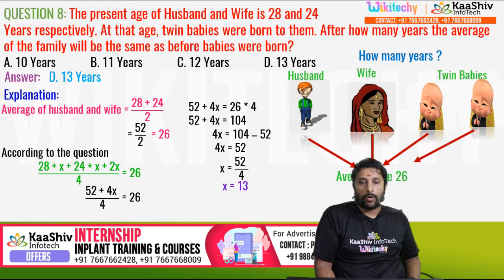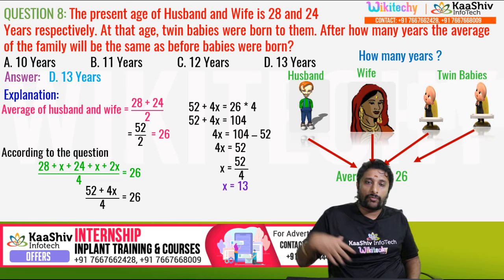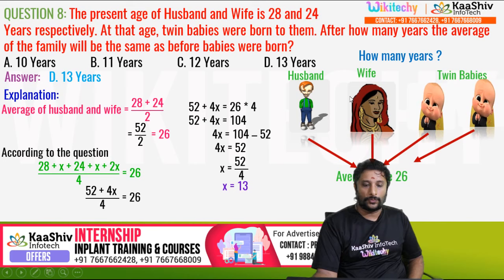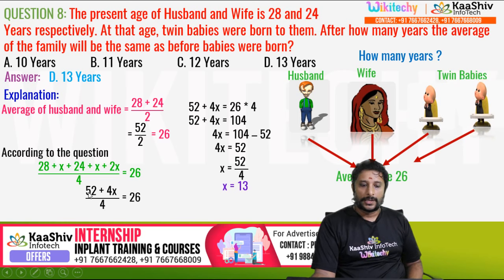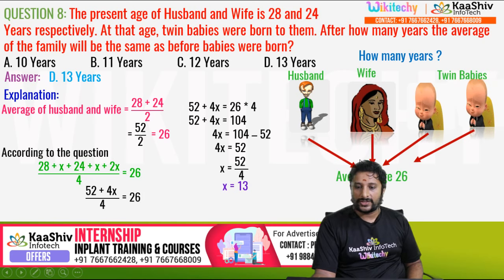After how many years? After 13 years, my age will be increased by 13, my wife's age will be increased by 13, and each child will be 13 years old. So x plus x plus x plus x is 4x. So 52 plus 4x divided by 4, solving it you get the answer 13. So 28 plus 13, 24 plus 13, and 13 and 13 will have the average age once again of 26.